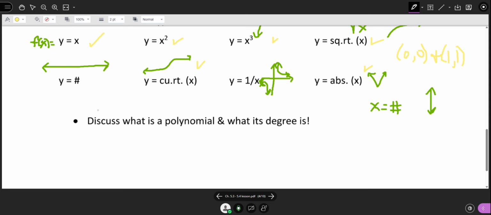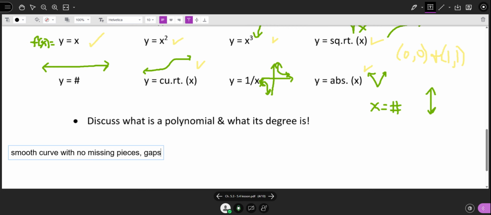Now, a polynomial is a smooth curve with no missing pieces, gaps, sharp edges.